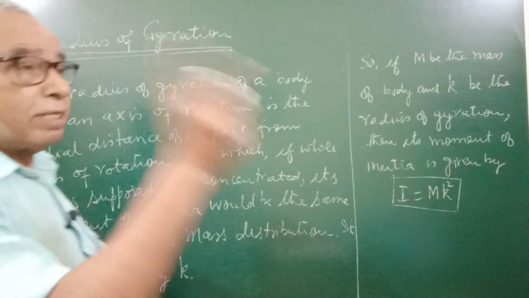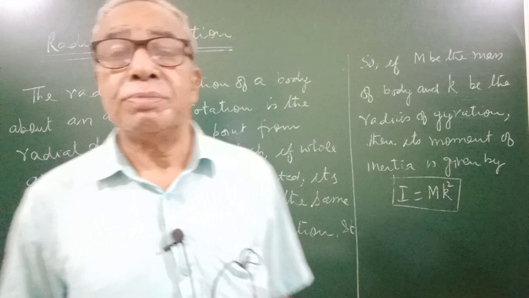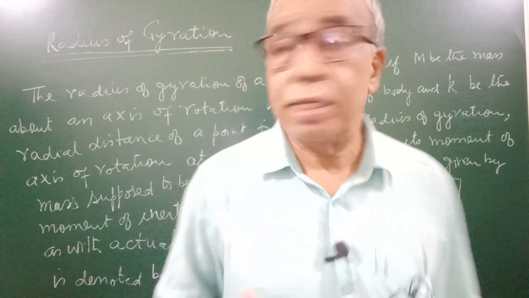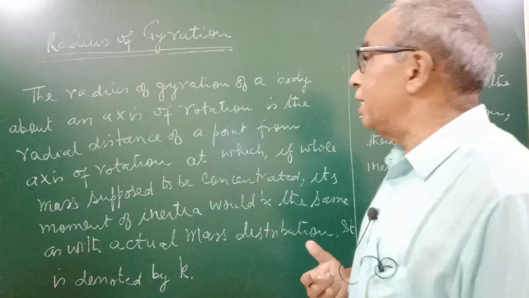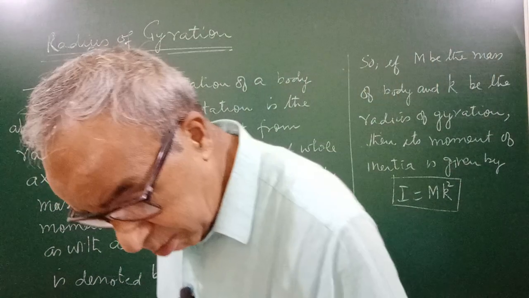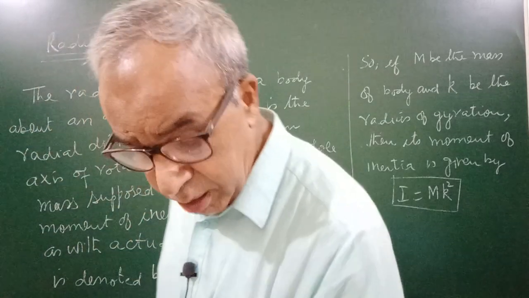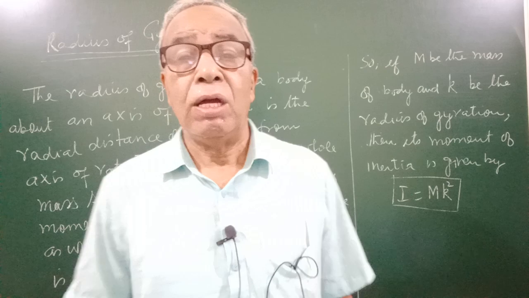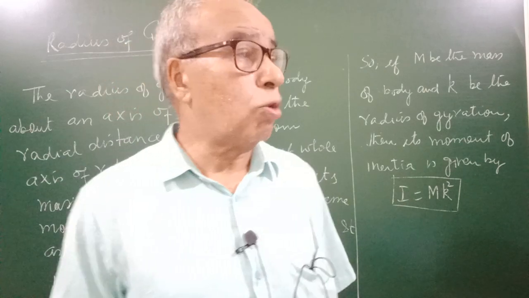Gyrate means to rotate. So, radius of gyration of a rotating body. Actually, this term is used in rotatory motion very frequently and will help you to understand so many things easily.